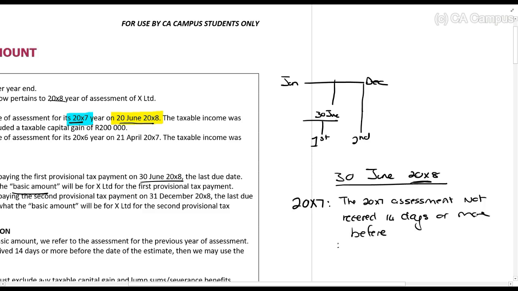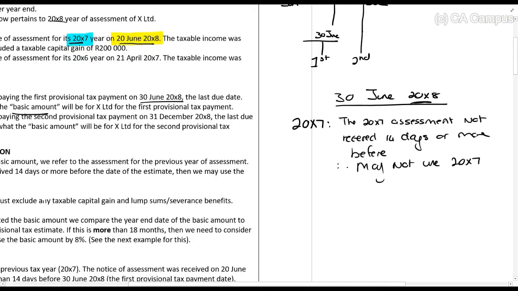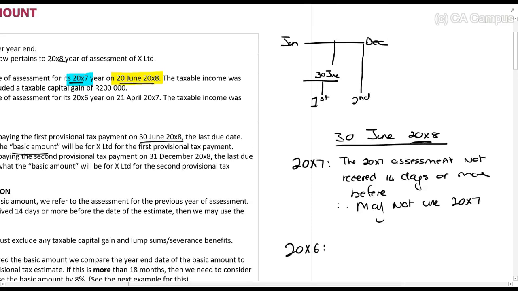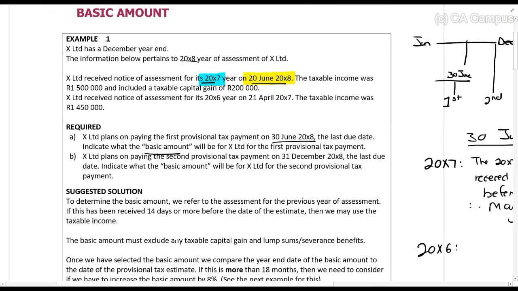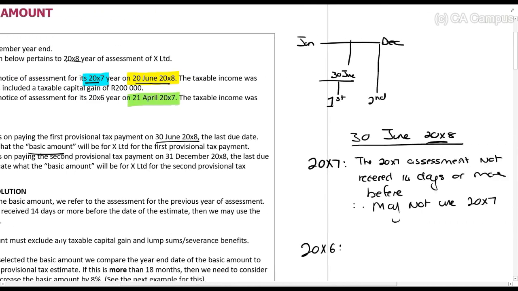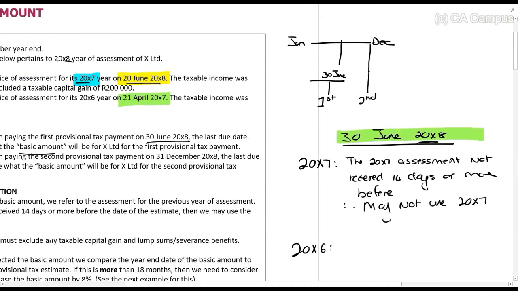So what does it mean? Thus may not use 20X7. So you can't use that tax year's amount. Then we go to 20X6. So 20X6, right? When did we receive this assessment? 21 April 20X7. Is 21 April 20X7 14 days or more before the 30th of June? Absolutely. It's more than a year ago.